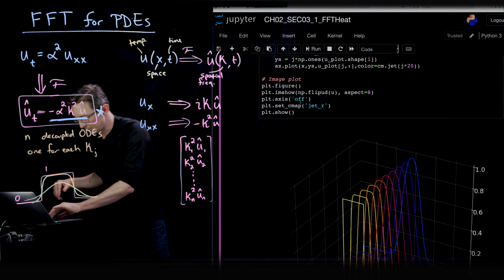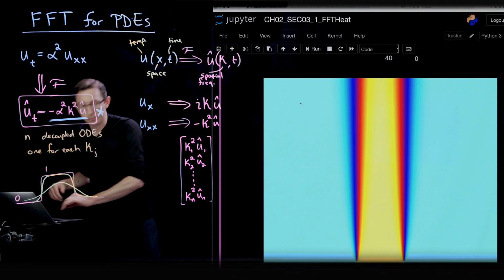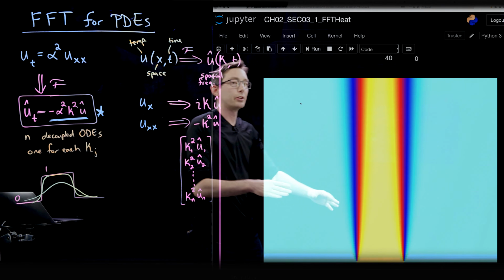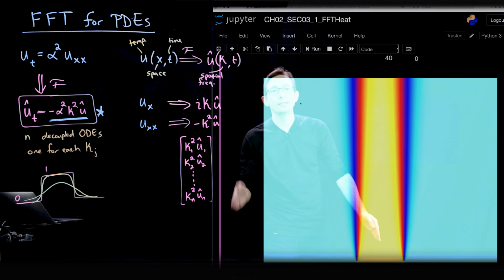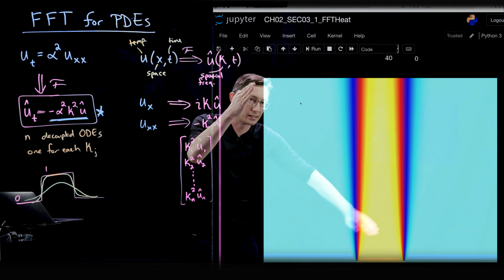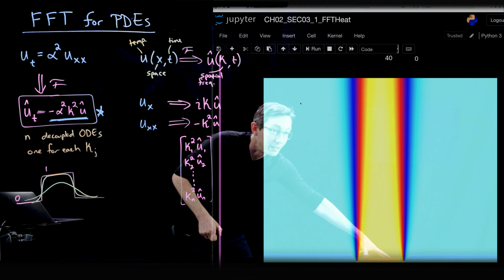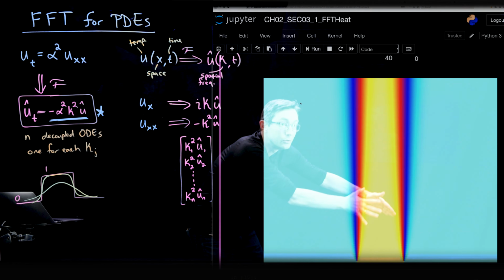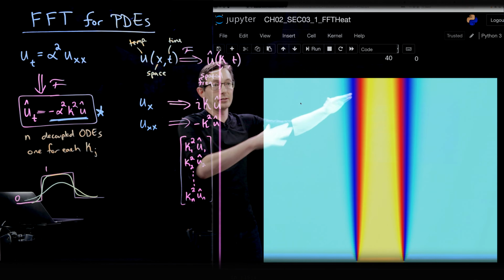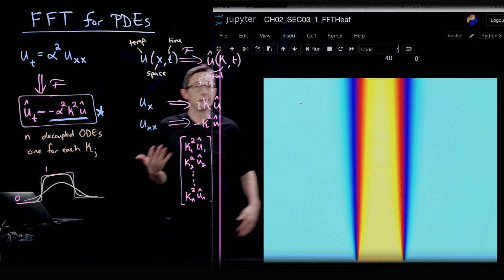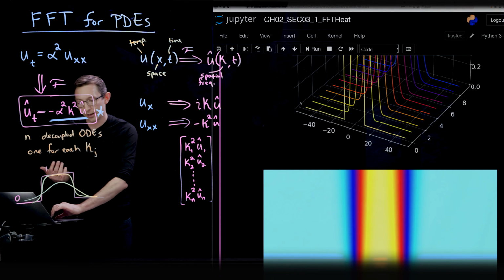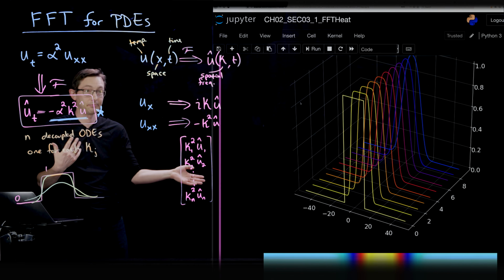We can also plot it as an image. And this is what it looks like. So here you can see time is the vertical axis, space is the horizontal axis, and you can see that this thing starts off being very sharp and rectangular, and then it smooths out as time evolves. Okay, so it becomes more and more gradual and smooth. It's just another way of plotting this.